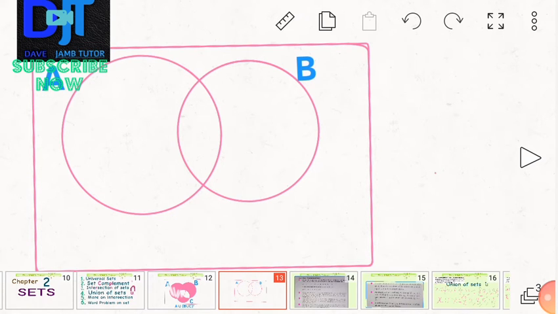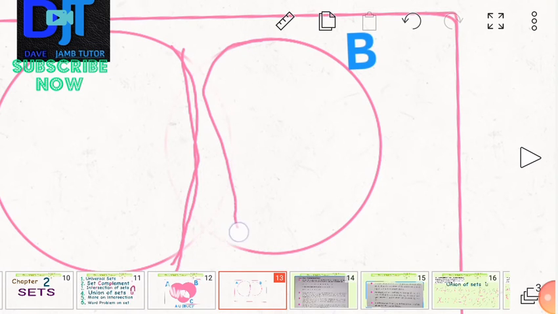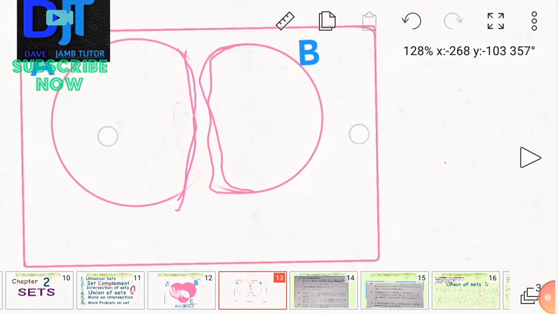Sorry, let me just clean this part. So let's say for instance, if they are not intertwined as I did it before, if they are different, I just want to draw it like this. It's not always like this.